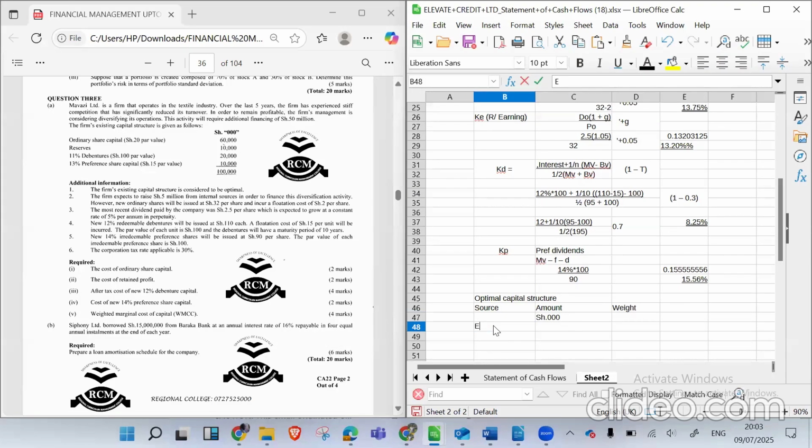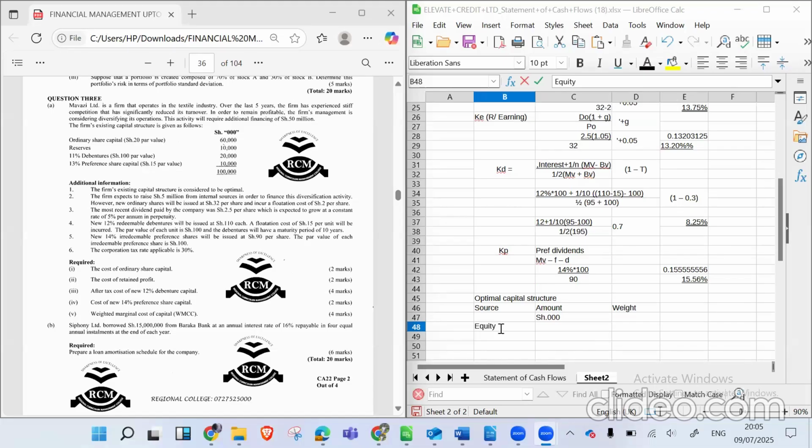Now the first source we have is equity. In the optimal capital structure, you take it as it is. We use the marginal weights under WMCC, and the marginal weights are the weights directly determined from the optimal capital structure.